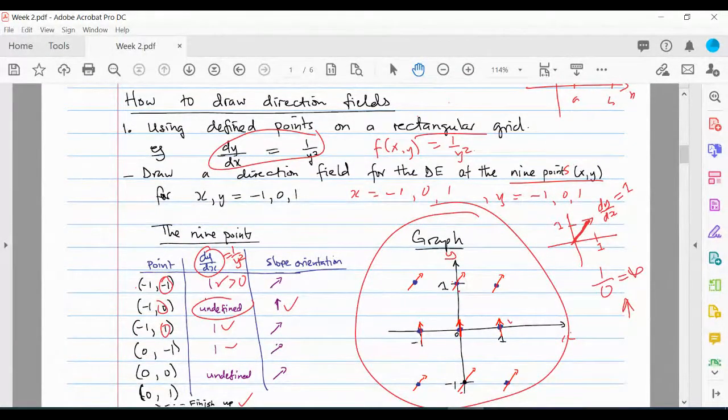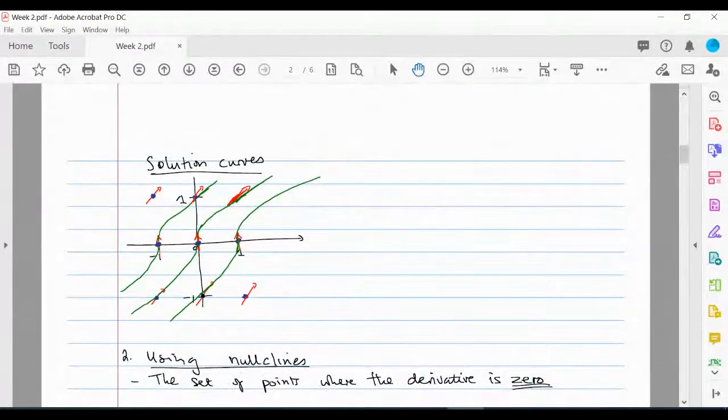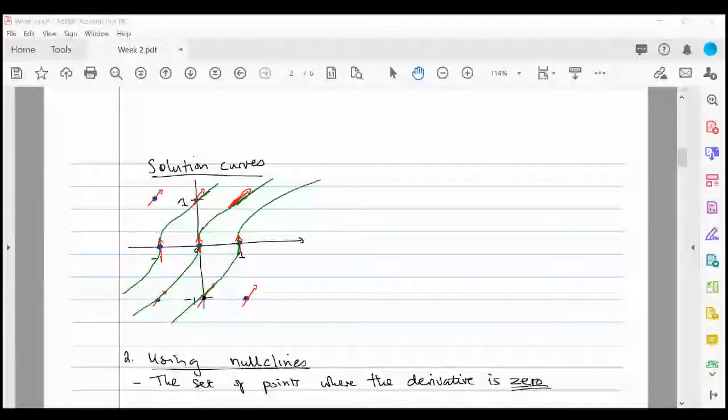And now the question is, how do you then come up with the probable curve, the curve that represents the solution? You can see, because we always touch these tangent lines, these orientation arrows are actually tangent lines. So we basically now have to touch them when we draw the curve.